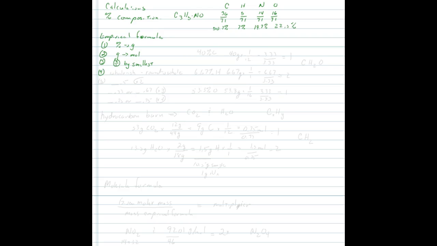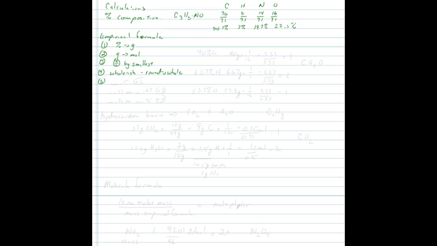If it's a whole-ish number, close to being a whole number, within a tenth or so, round it, and those are your subscripts. If, however, you got a substantial decimal, then you have to multiply all of them by a multiplier to get rid of it.